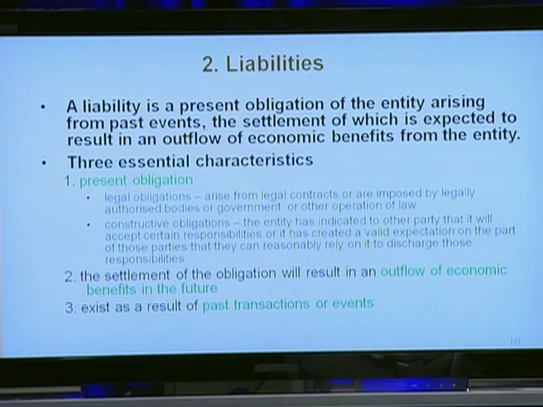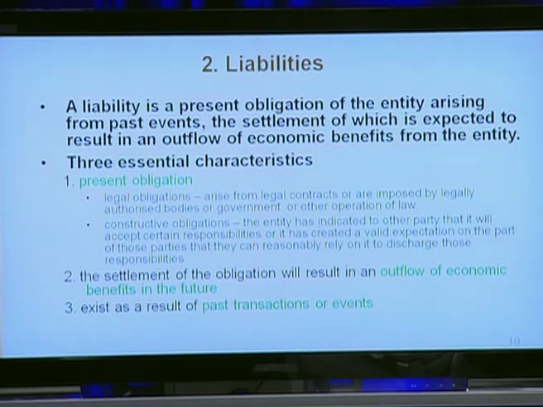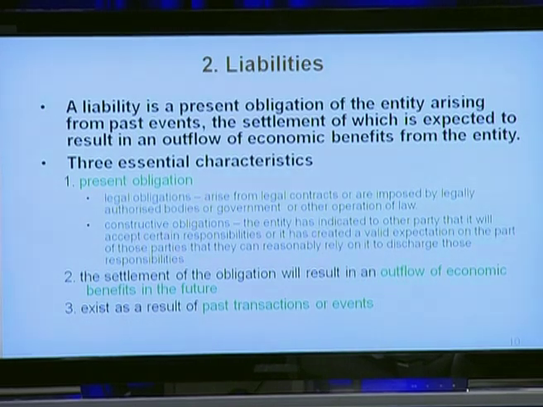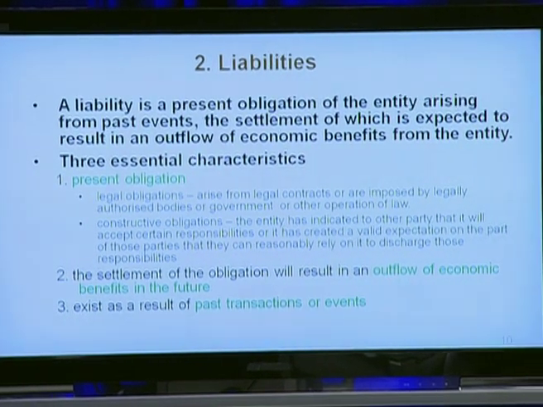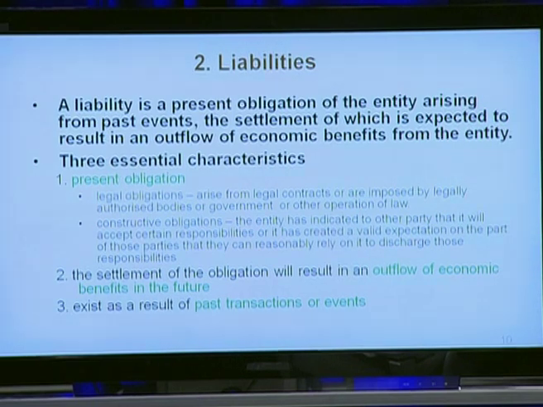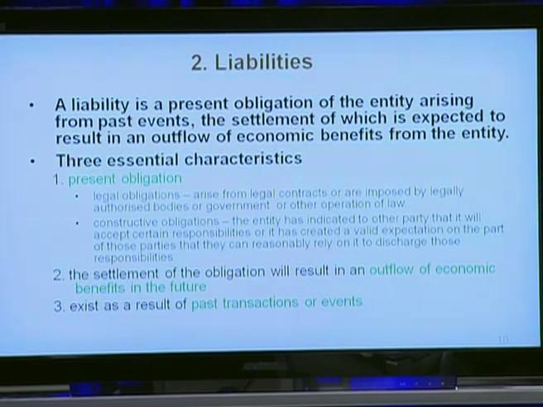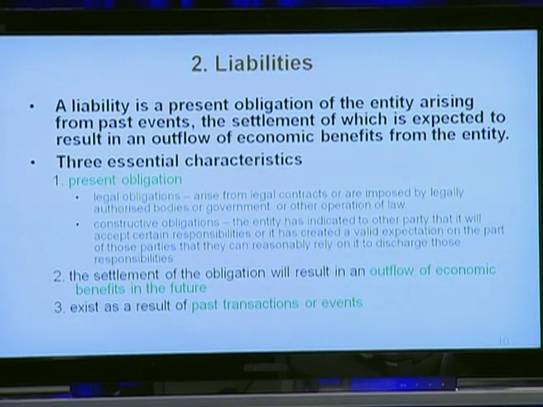And we have also the essential characteristics of liabilities, and they are: number one, we have a present obligation, and basically the obligations are of two kinds, legal obligations and constructive obligations. First we have legal obligation, which arises from legal contracts or is imposed by a legally authorized body or government or other operations of law.